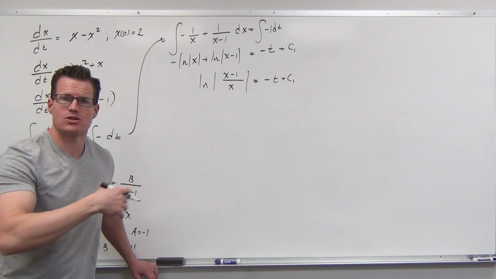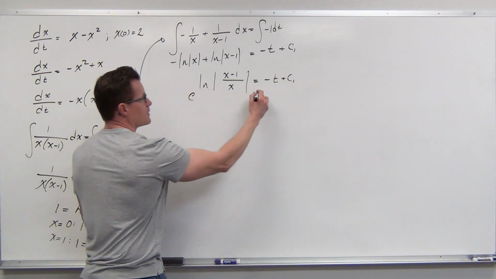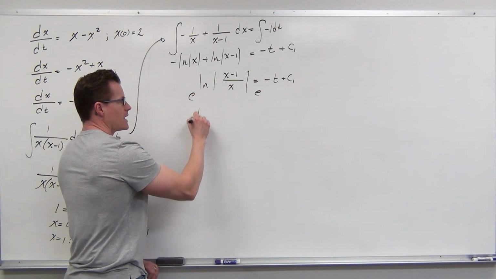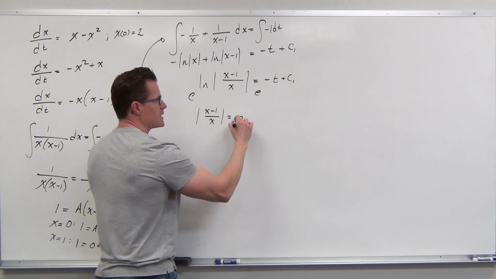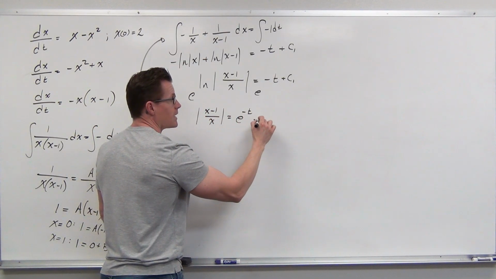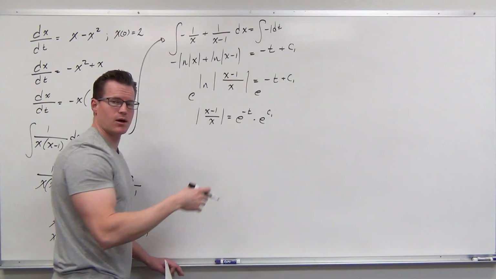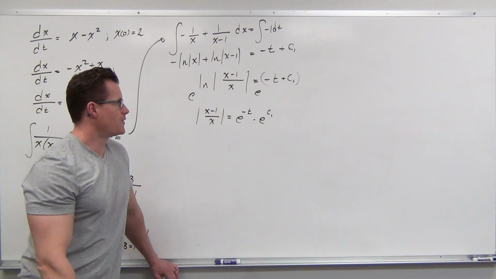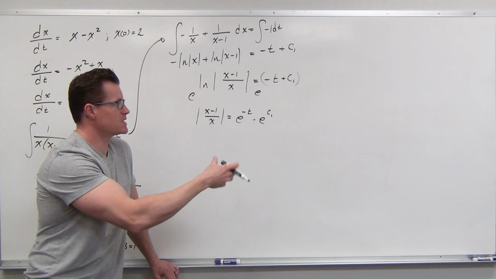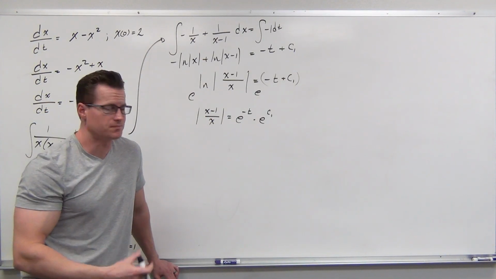Now we can take an exponential on both sides. So here and here, yes, we're going to get absolute value of x minus 1 over x. Cool deal. On the right-hand side, e to the negative t times e to the c sub 1. Do you remember how when we take an exponential to this entire function over there, we have e to the negative t, but times e to the c sub 1.